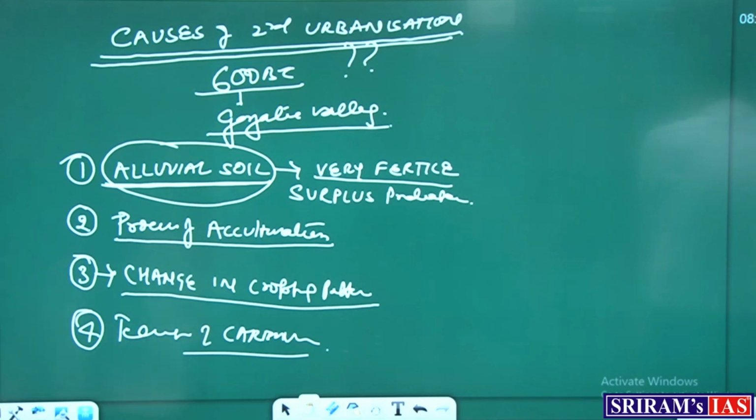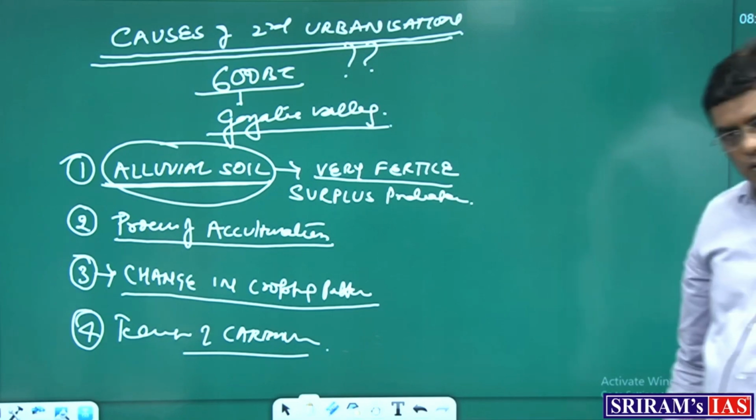So use of iron plus air helped in tapping deep fertility of soil, which resulted in surplus production.